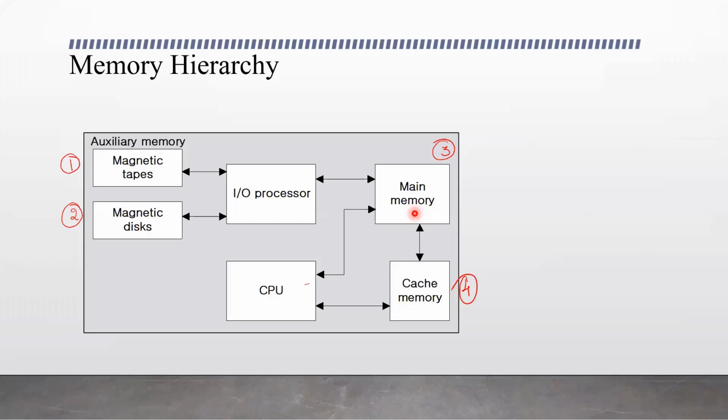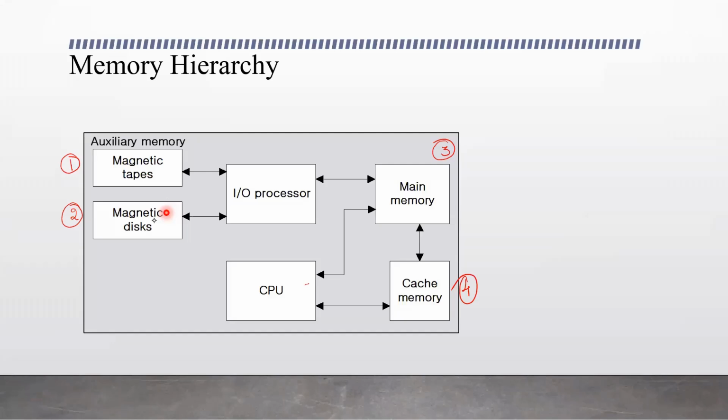Main memory is the unit that stores the programs and data that are currently being executed, and it is directly connected to the CPU. Auxiliary memory is the storage unit that stores large data files and programs that are not currently being executed.